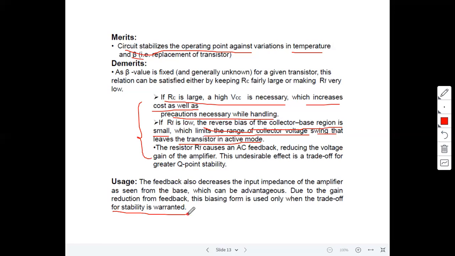We can discuss this concept in more detail while studying amplifiers, because the feedback concept and input impedance concept are there. Anyhow, this is used in linear amplifier circuits. This is about the collector to base bias circuit.